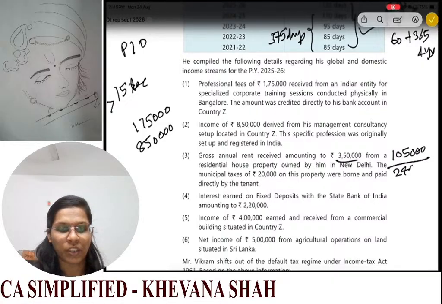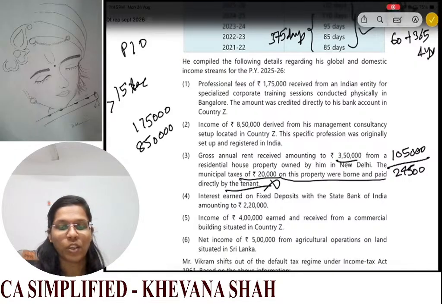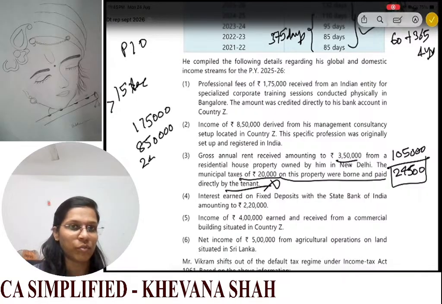So you will get 245,000. Okay. Now see the important point, municipal taxes of 20,000 borne and paid by tenant. Since the tenant has paid, you will not get the deduction for them. So you don't need to consider these. So your income from house property will be 2,45,000. Okay.